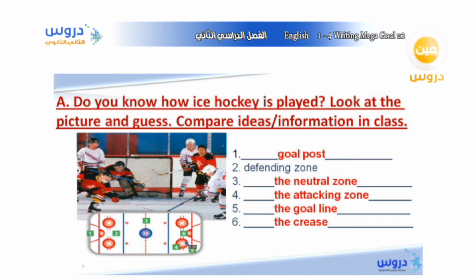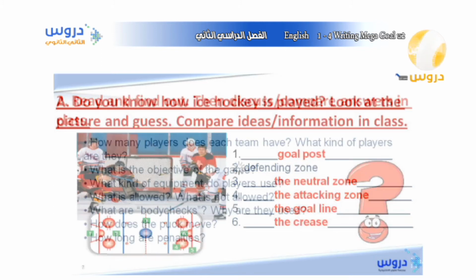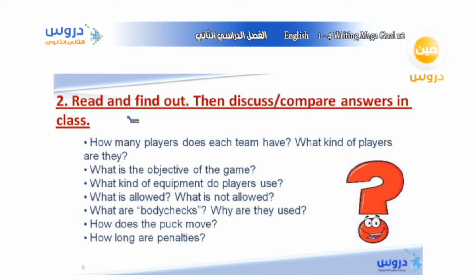Number 5, here you can find the goal line, ready to achieve a goal. Number 6, here we have the crease. Okay. Read and find, then discuss, compare answers in class.